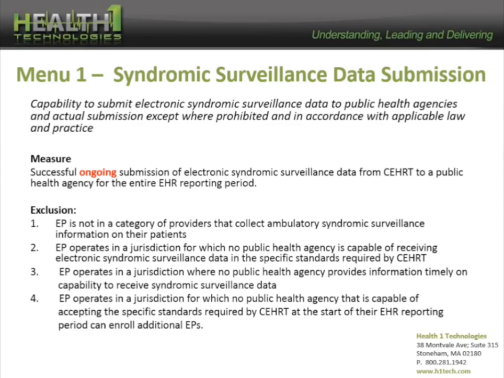The exclusion to this is that an EP that is not in a category of providers that collects ambulatory syndromic surveillance information on their patients would be able to claim an exclusion.